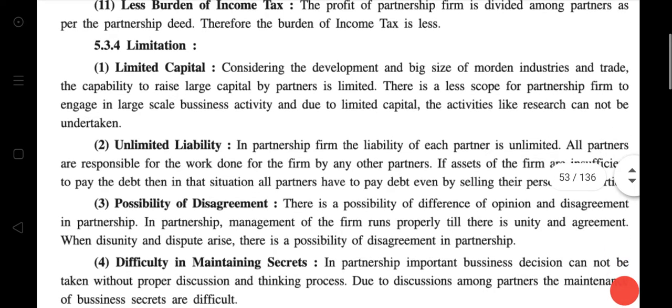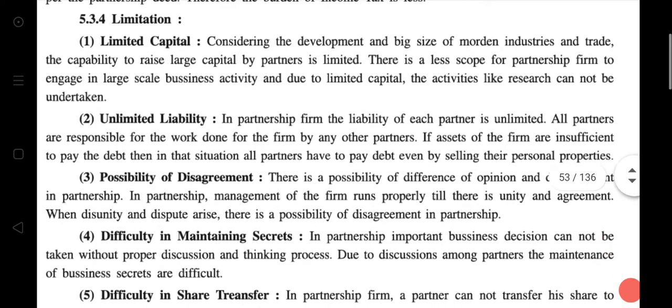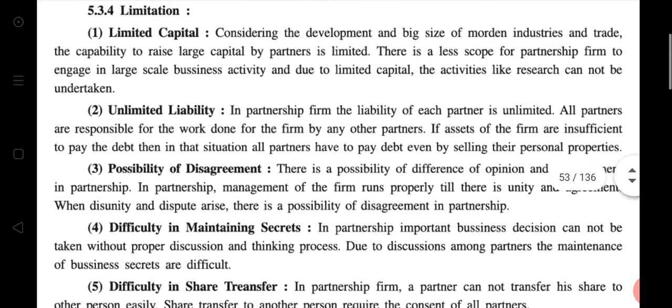So, start the limitations of partnership firm. First, limited capital. How? We see in advantage more capital, and now that is the limitation, the limited capital. How is it possible? See, let's see in detail.